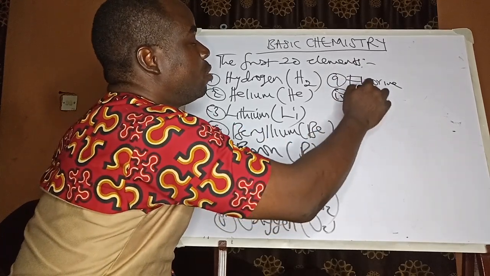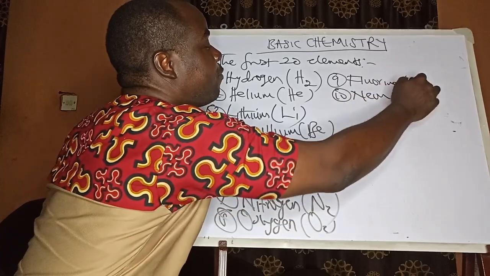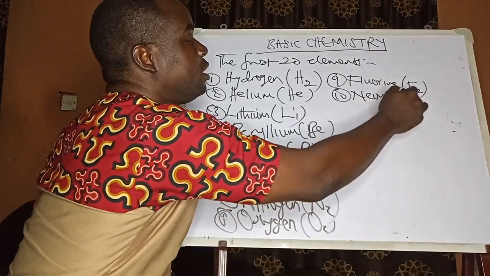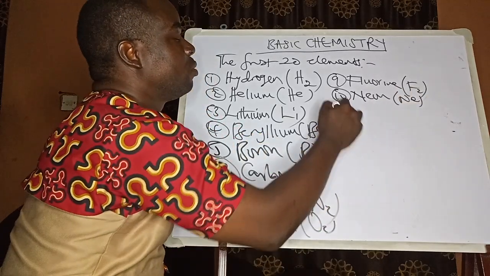Number 10, neon. Fluorine is F2. Neon is Ne. 11, sodium.